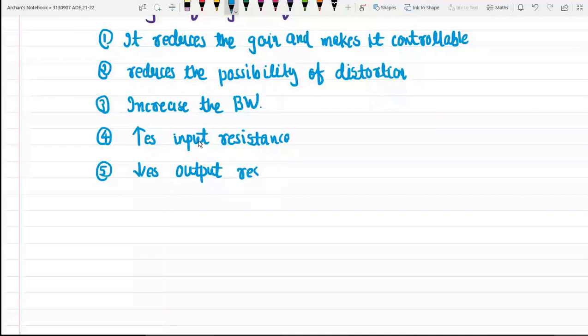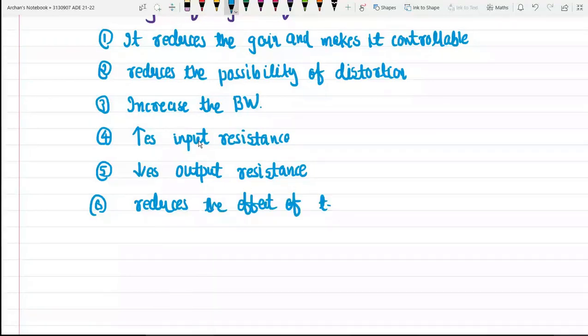Apart from this, it also reduces the effect of temperature and power supply on the gain of the circuit.